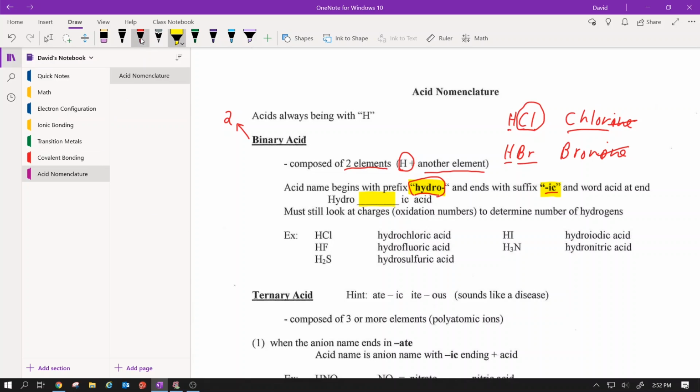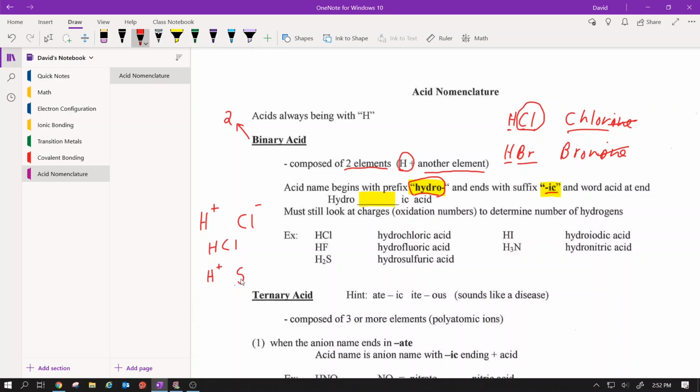Now, in terms of balancing that, we still have to look and say, hydrogen is going to be a +1. Chlorine, since it's in the group 7A, is going to be a -1 ion. So a 1 and a 1, it's a perfect match, and we'll end up with HCl. Hydrofluoric will be the same way. Hydrosulfuric. Hydrogen is a +1.